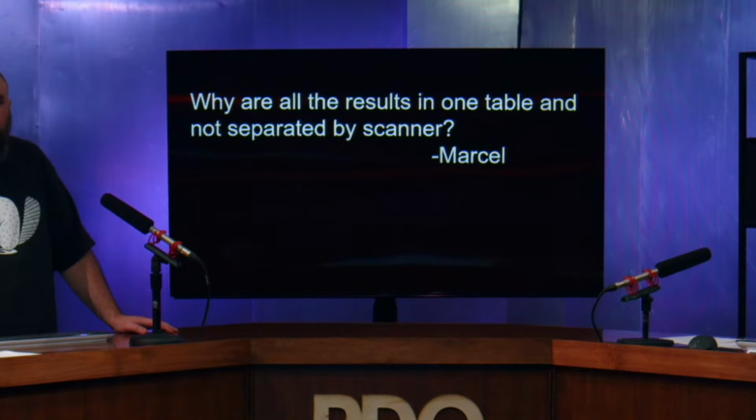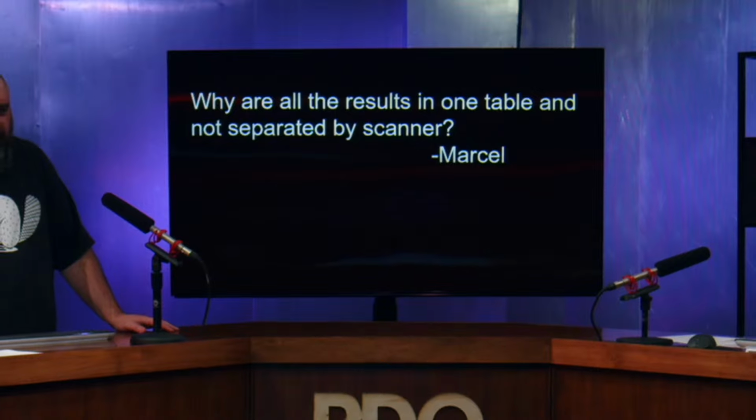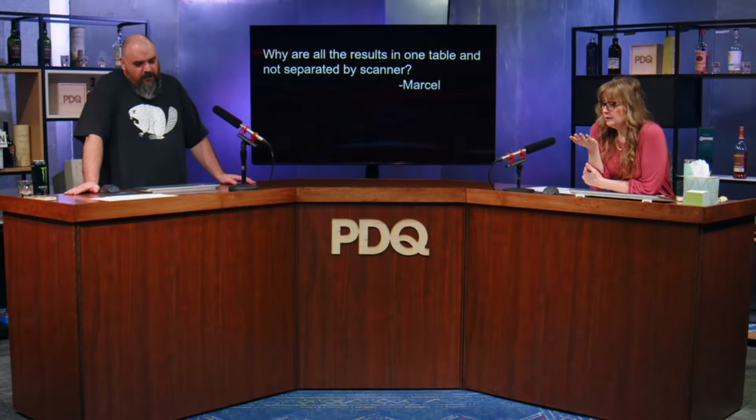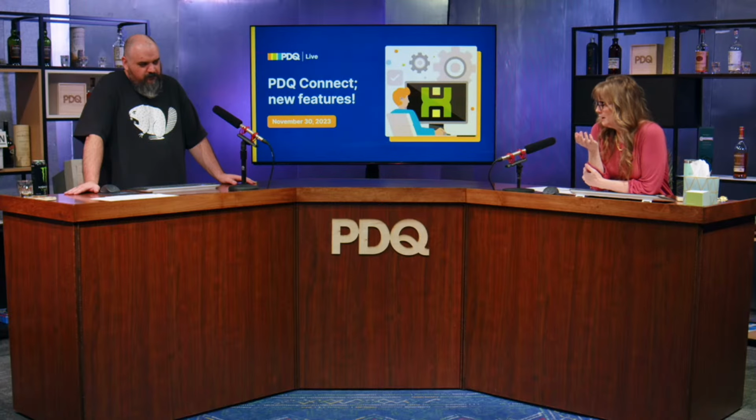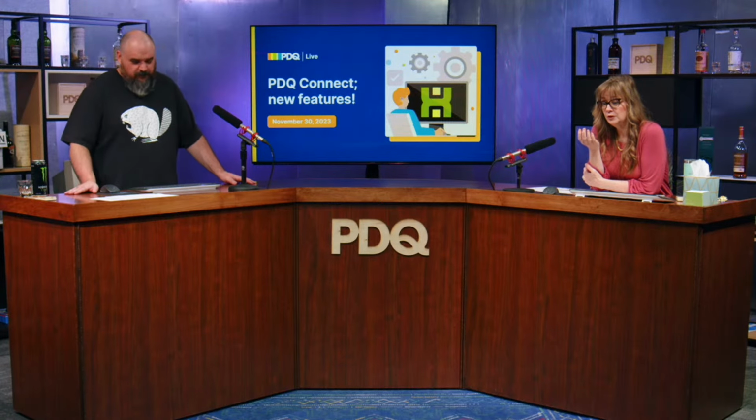All right, first one. Why are all the results in one table and not separated by a scanner? Yours truly, Marcel. Well, we brought this up, and the answer that we got was that basically what Jordan just said is they're looking for customer feedback. This is how it exists right now. So if this is something that you're looking for going forward, please do reach out to the team.